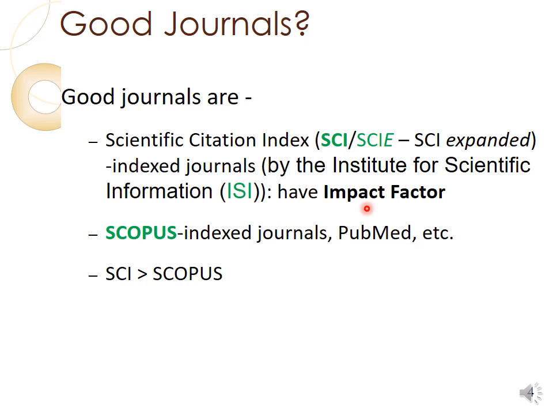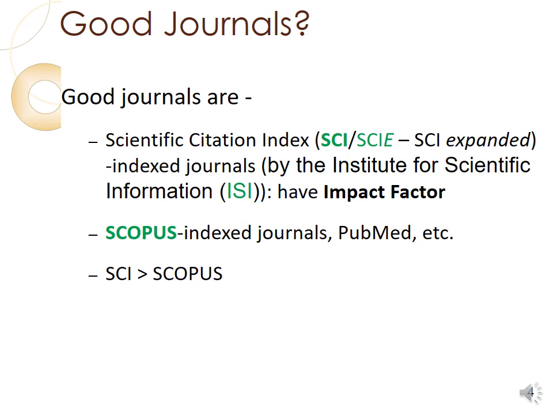If one area has many journals, then definitely the impact factor will not be that high. But in some areas, impact factors are very high. So it varies from domain to domain. Scopus indexed journals, PubMed, and others are there. But if you can submit to an SCI journal, then it is better than Scopus indexed, but both are okay in most areas in the world.